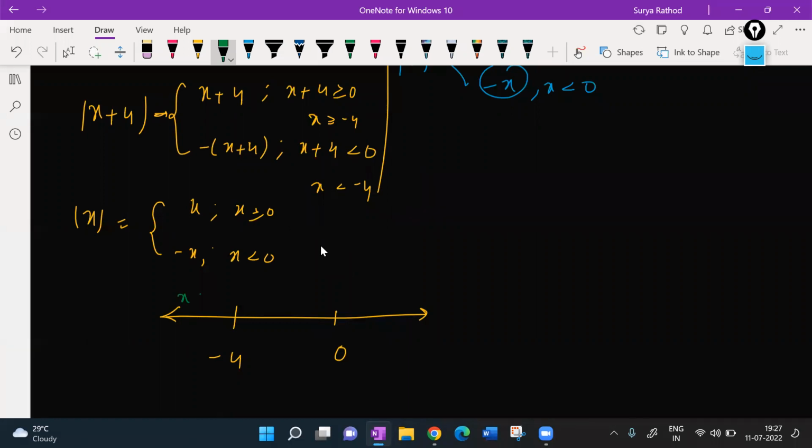This is the x less than minus 4 region. X greater than or equal to minus 4. X greater than or equal to 0. X less than 0 also comes under this region only. Correct?